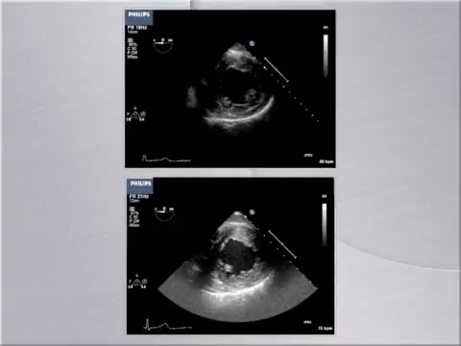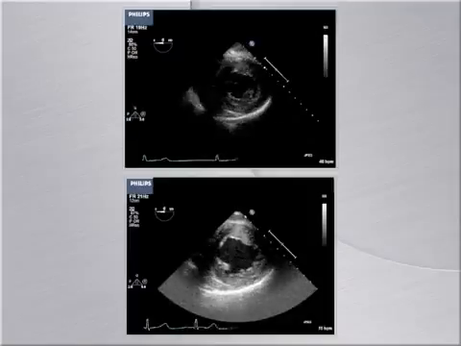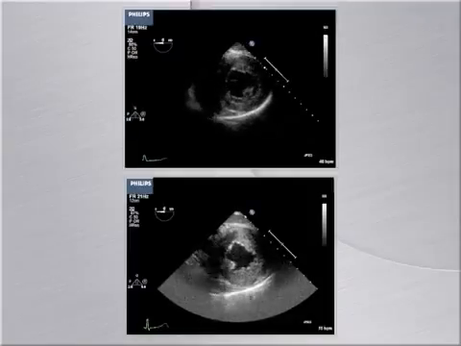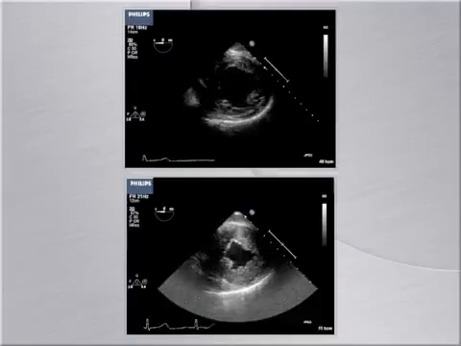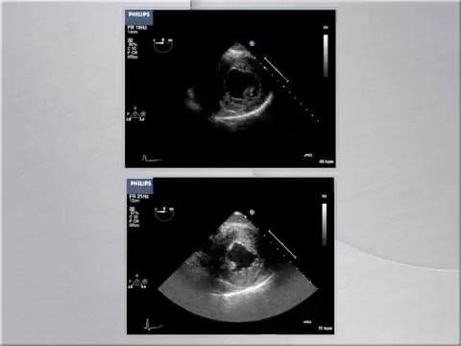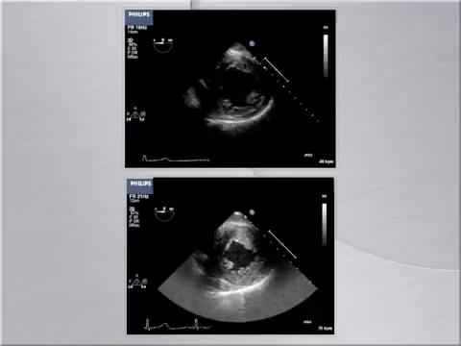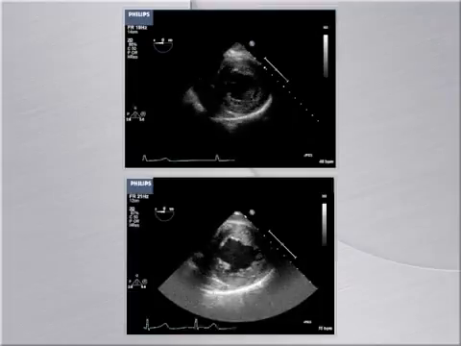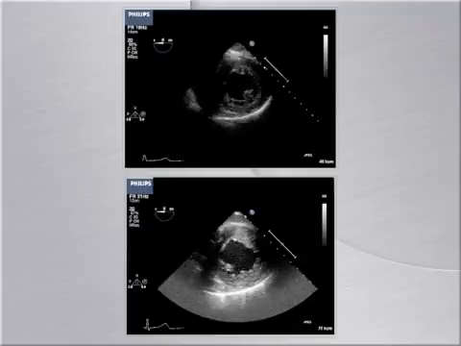Evaluate the systolic function in these two images. These images both illustrate normal LV systolic function with normal wall motion and ejection fraction visually estimated at greater than 55%.